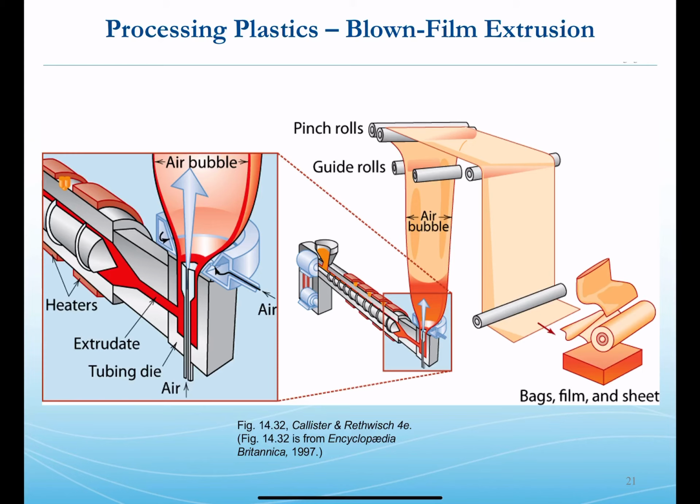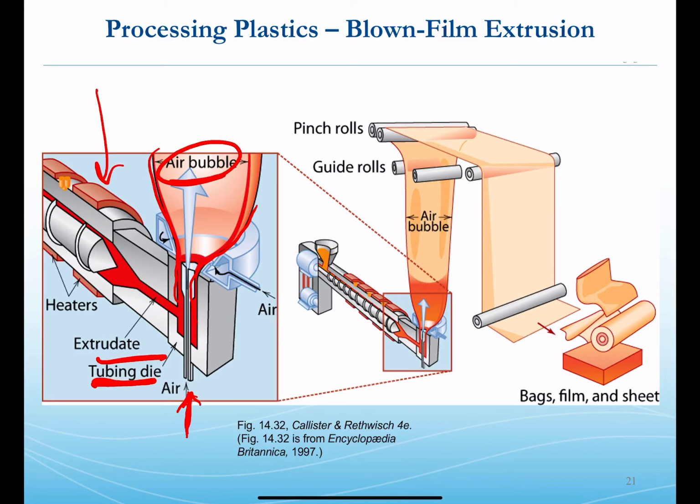Okay, extrusion to create blown films, very similar structure there. So we have the same upstream components that we saw in the extruder, except the extrudate is this time directed upwards via a tubing die, and that includes a pathway for air or gas in to provide ultimately an air cavity as the extrudate expands away from the pressure of that air and creates a bubble of that extrudate of the thermoplastic.